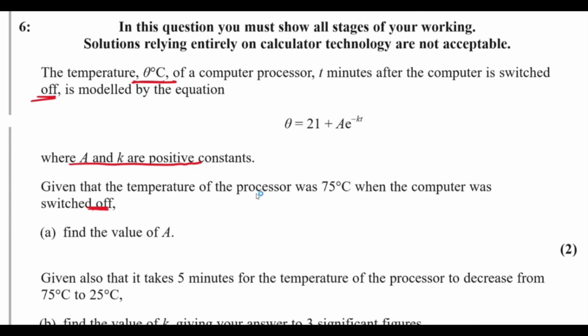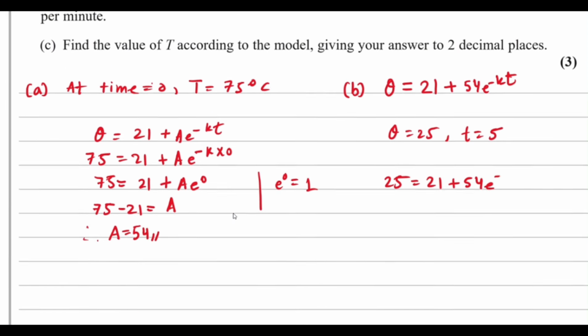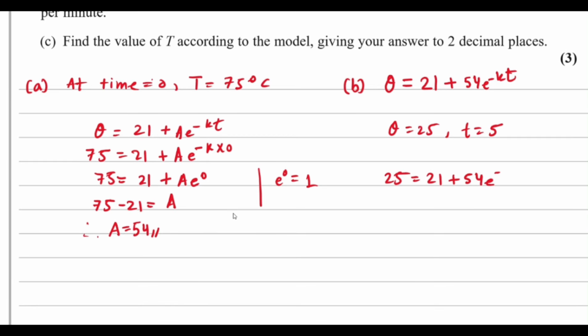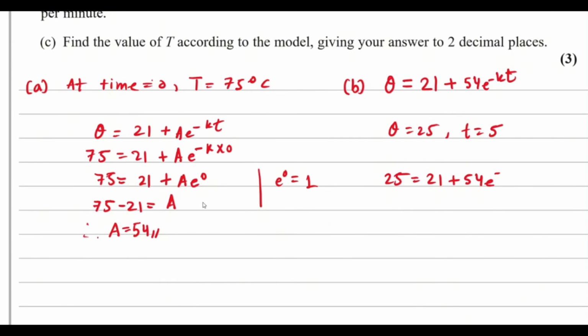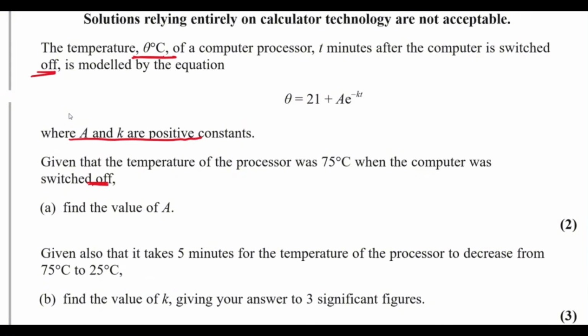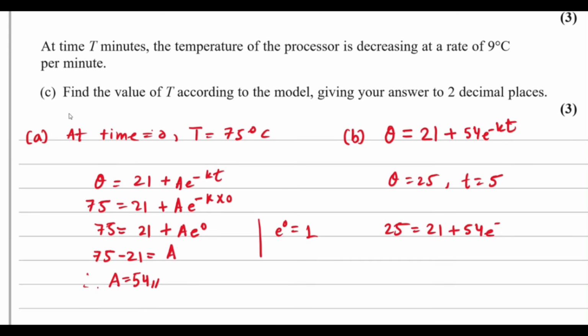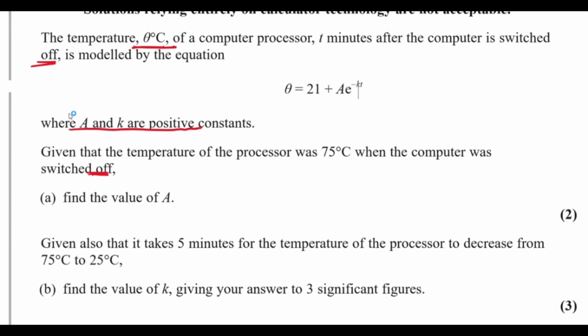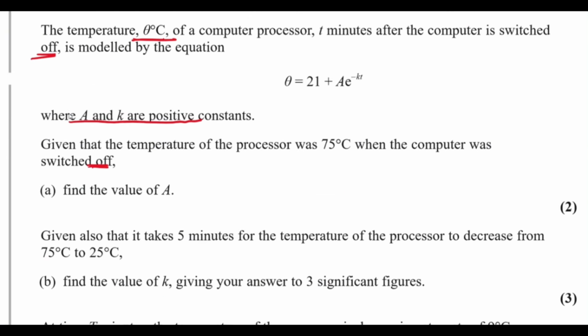Now, given that the temperature of the processor was 75 degrees Celsius when the computer was switched off. Now, for part A, we have to find the value of A. I have taken the information from our question.